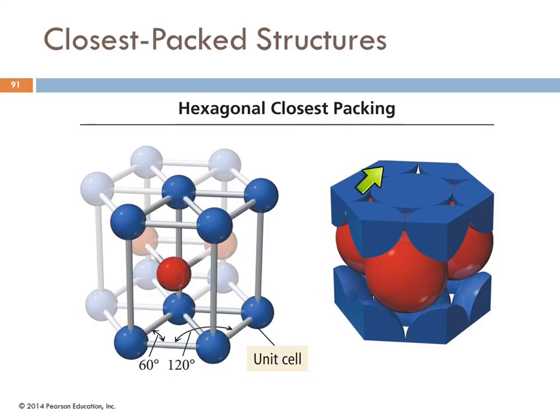Here, instead of our cell being a cube, it's a hexagon. This is the smallest cell that can be made, that when you repeat it in every direction, it forms the original structure. So here we've got a layer on the bottom. The layer in the middle is offset, so it sits in the holes. The third layer is directly on top of the first layer.